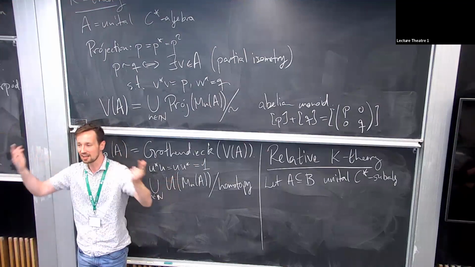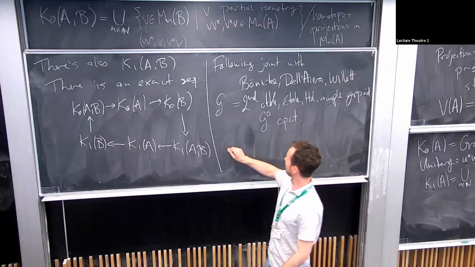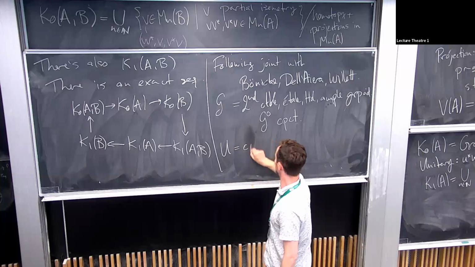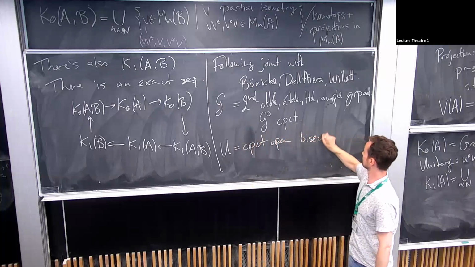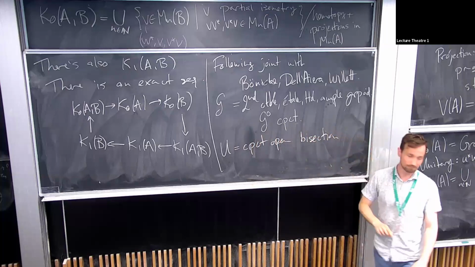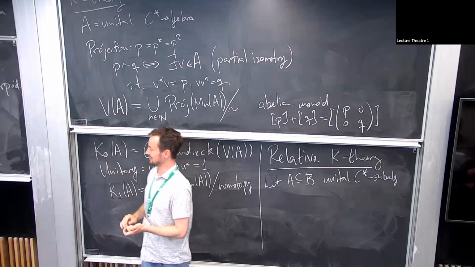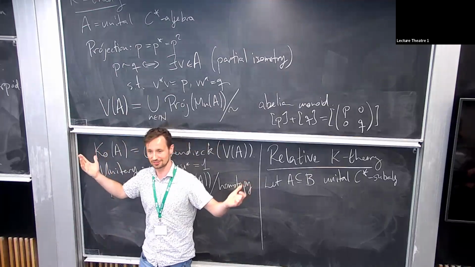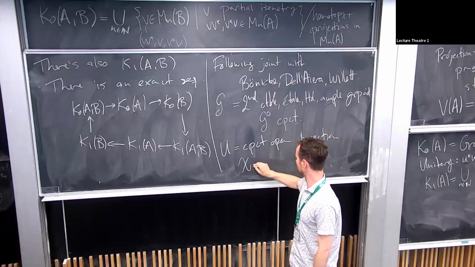And these are the generators essentially that you're working with. Well, I've now got a compact open set of my groupoid, so I can take the indicator function of this.